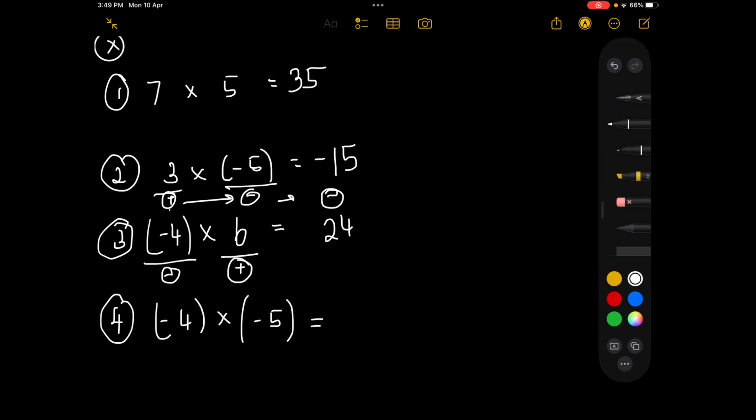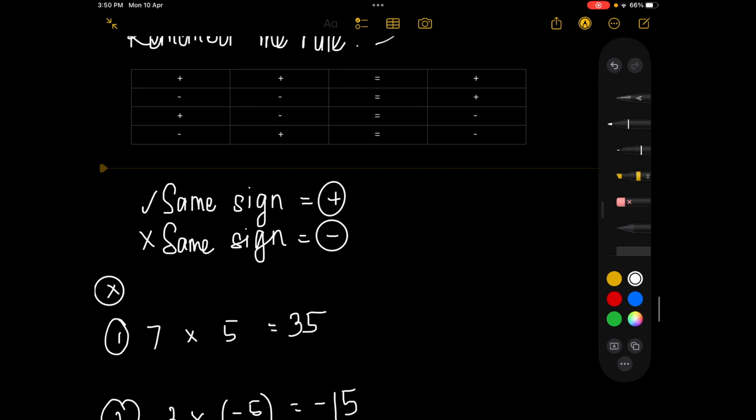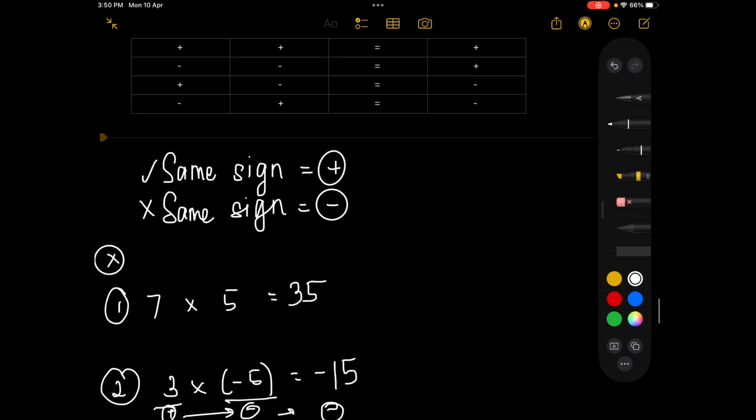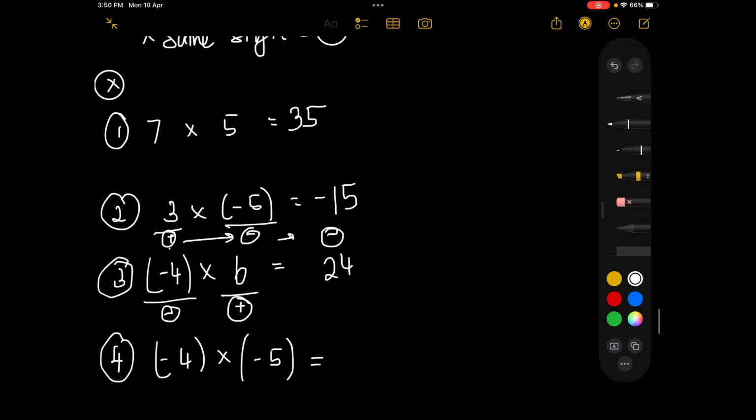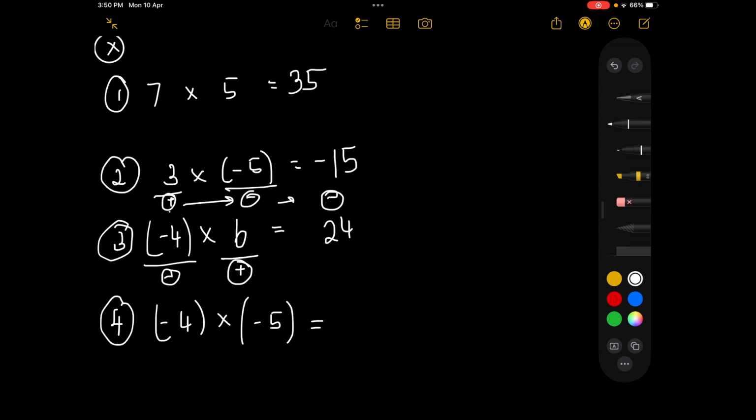Negative and positive are obviously different signs. From the rule that we have studied earlier, different signs means that the answer should be negative. So negative and positive becomes negative.